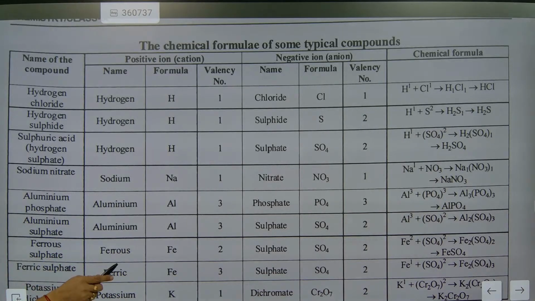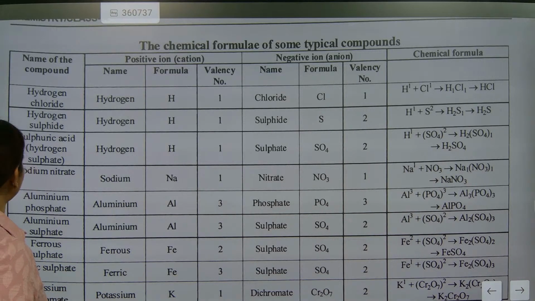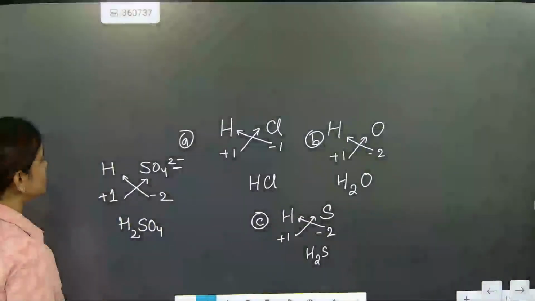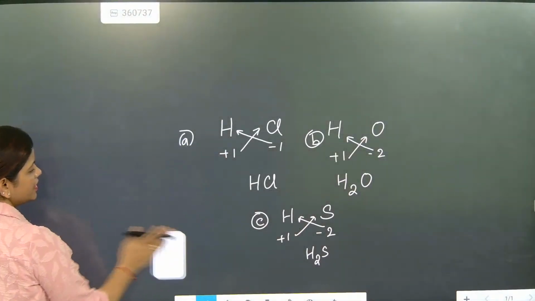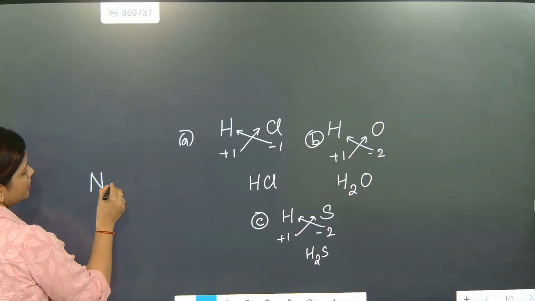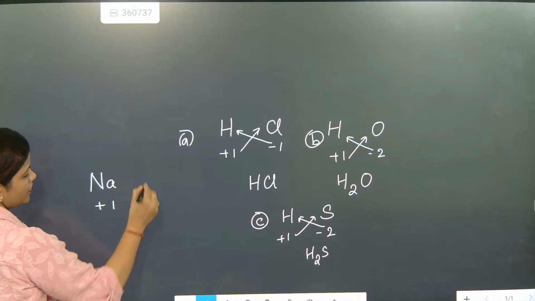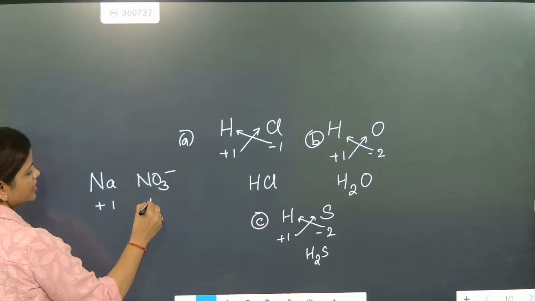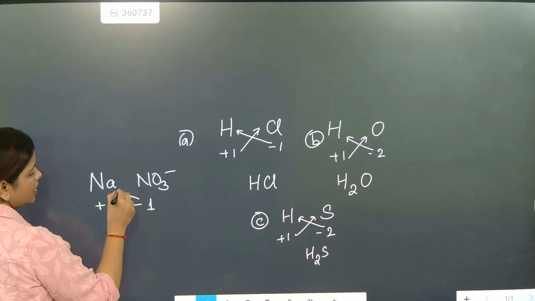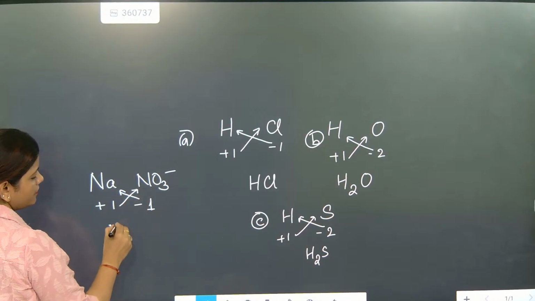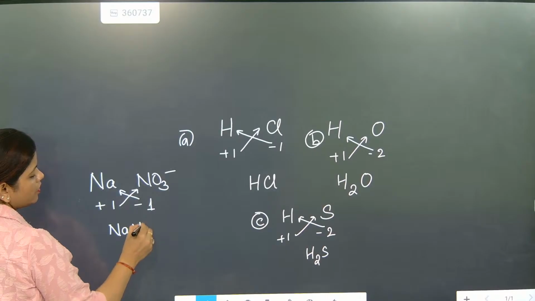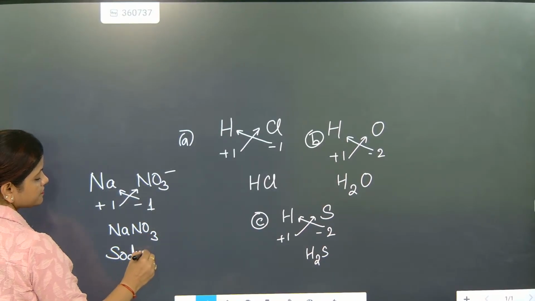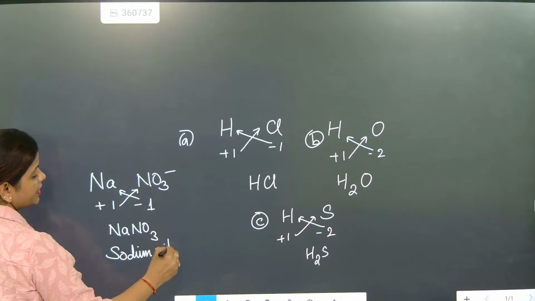So when we are starting sodium nitrate, how are we going to write? Sodium is having plus 1. Nitrate is having NO3 minus, so it is coming as minus 1. Again crisscross rule, so it will become NaNO3. This is called sodium nitrate.